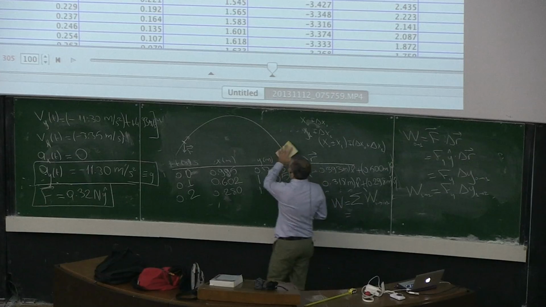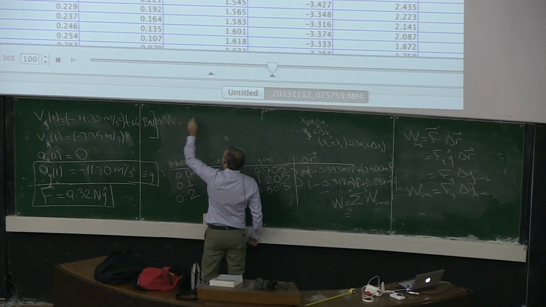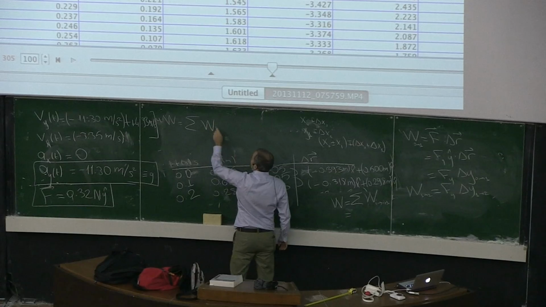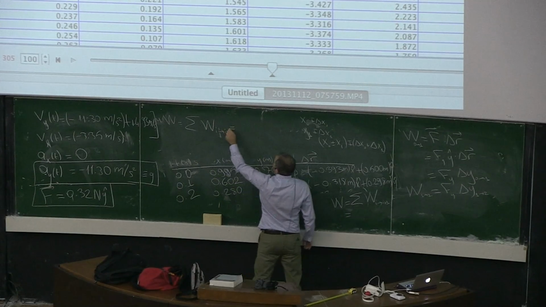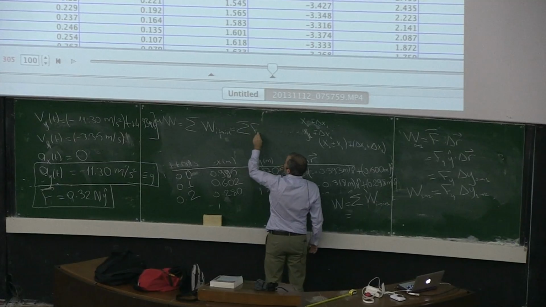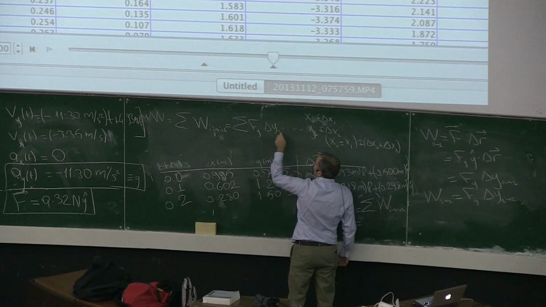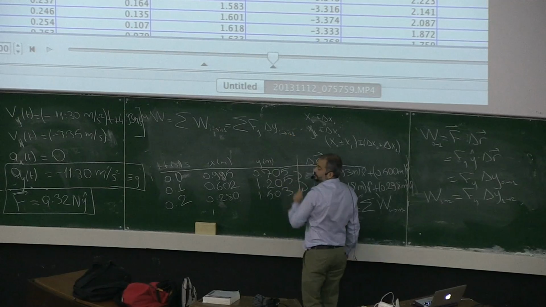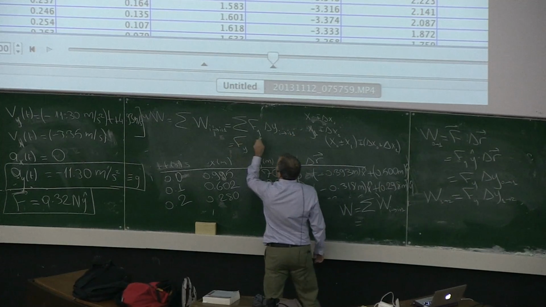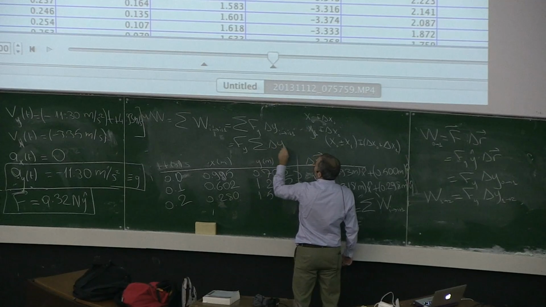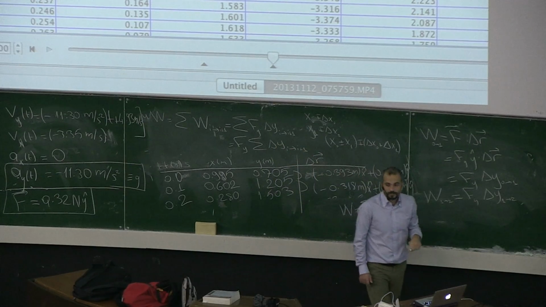Total work is the sum of the works at each step. This is the sum of the y component of the force, Fy, times the change in y in the ith step.